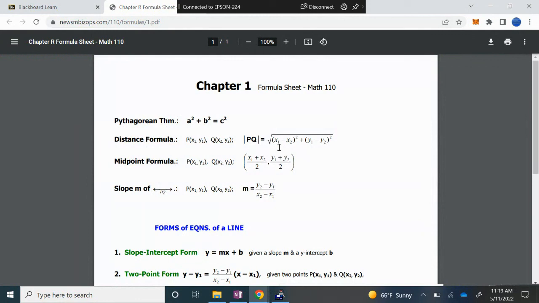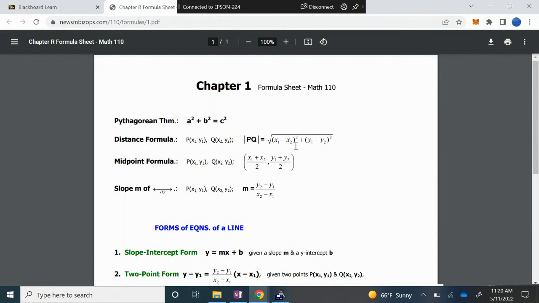And I point that out because you may see this formula written a couple different ways, but no matter which way you see it written or which way you use it, you should get the same result. If you're looking at the videos or the viewing example, and then on test day you pull up this formula sheet, that might throw a wrench in the whole thing.